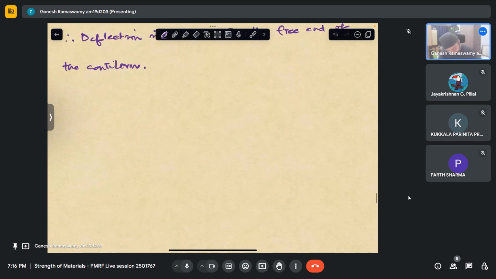So at B it is nothing but VC plus theta C into L by 2.